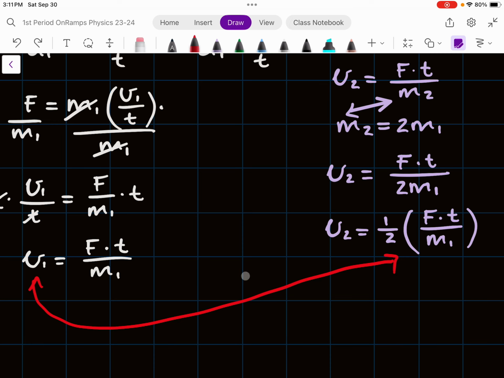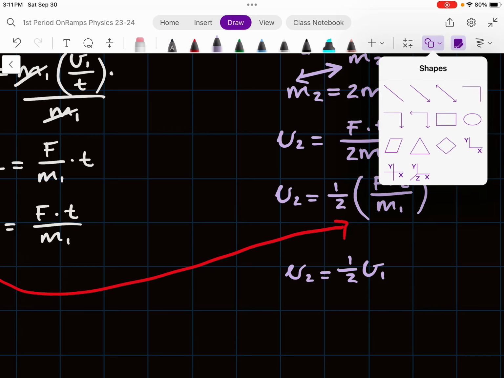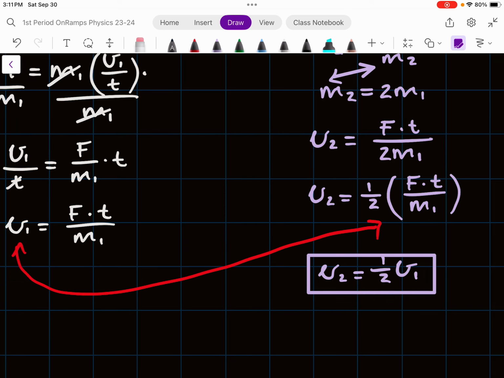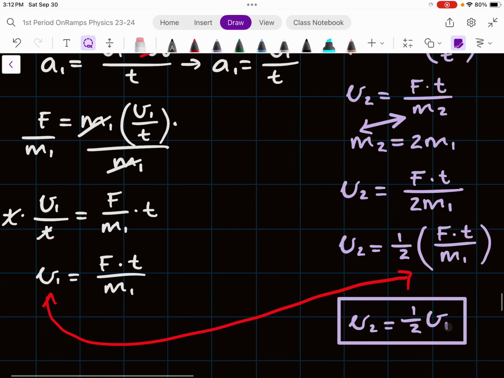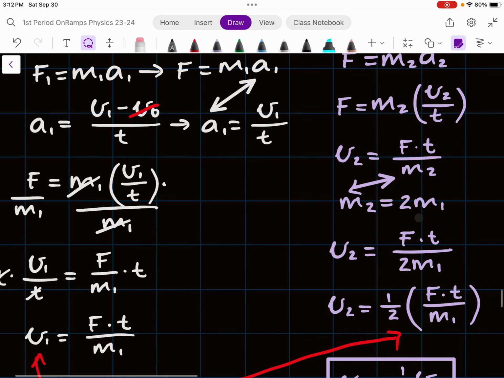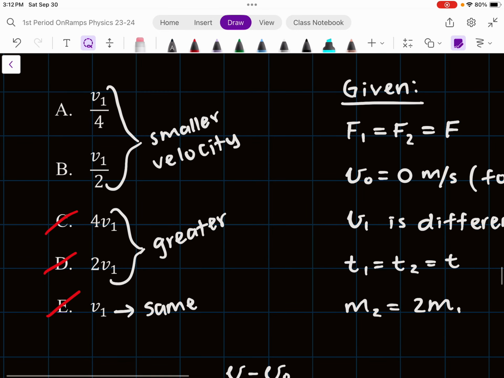So then we'll have velocity 2 is equal to 1/2 velocity 1. There's my answer, as expected, right? I think you should start with common sense, and then if you need to solve it mathematically, take this route. So 1/2 times v1 is the same thing as v1 divided by 2. That's it.